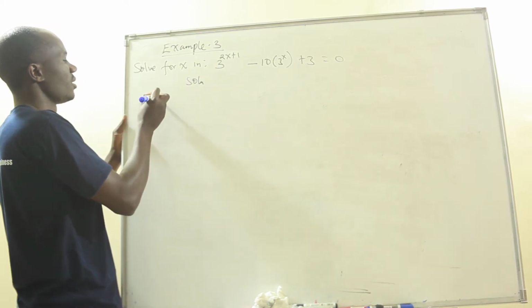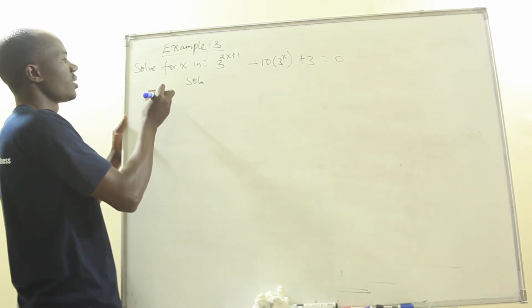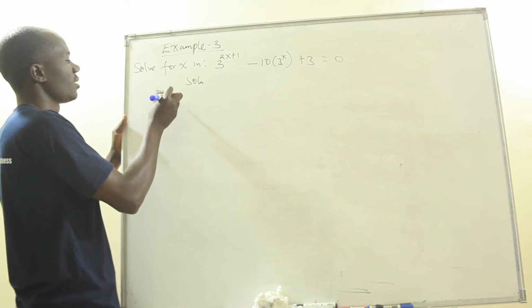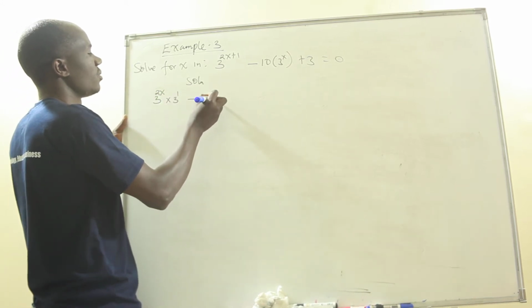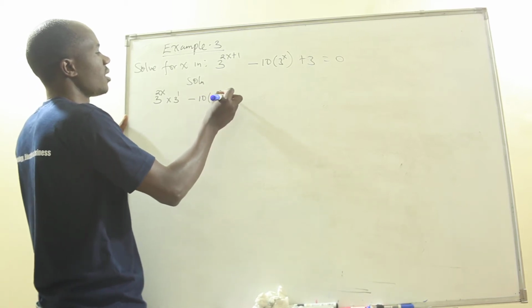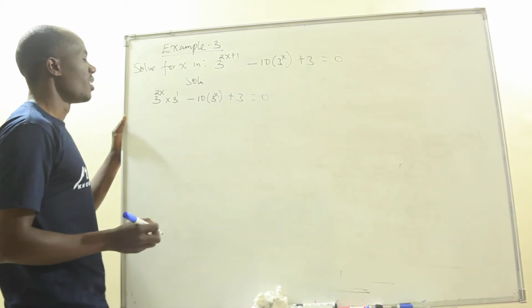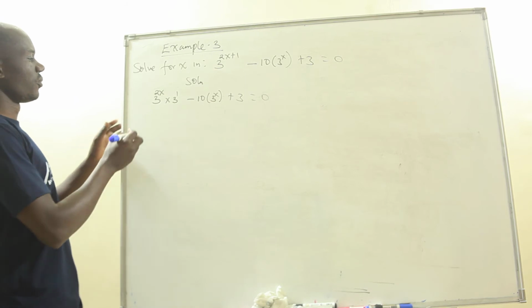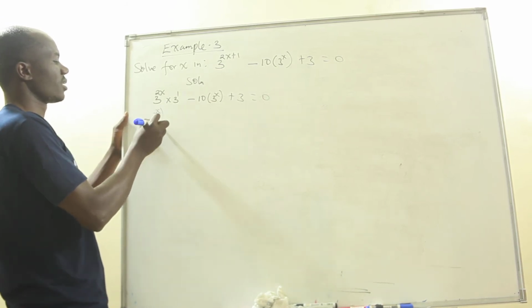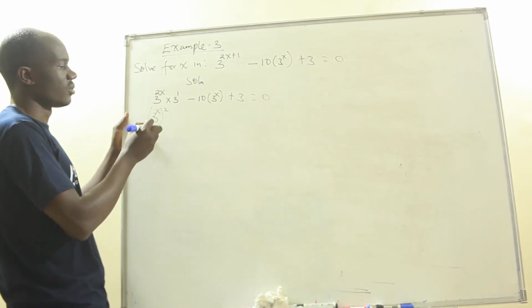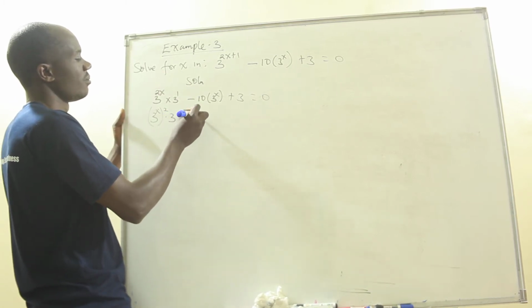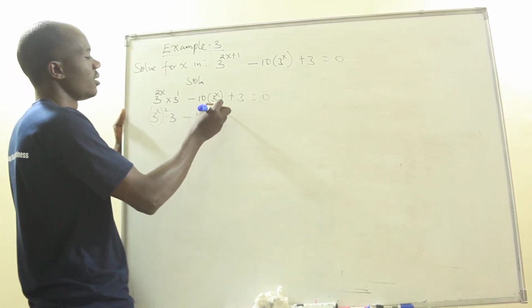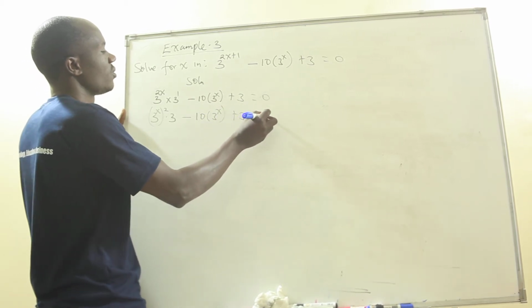So this is the same as 3 power 2x times 3 power 1, minus 10 into 3 power x plus 3 equals 0.